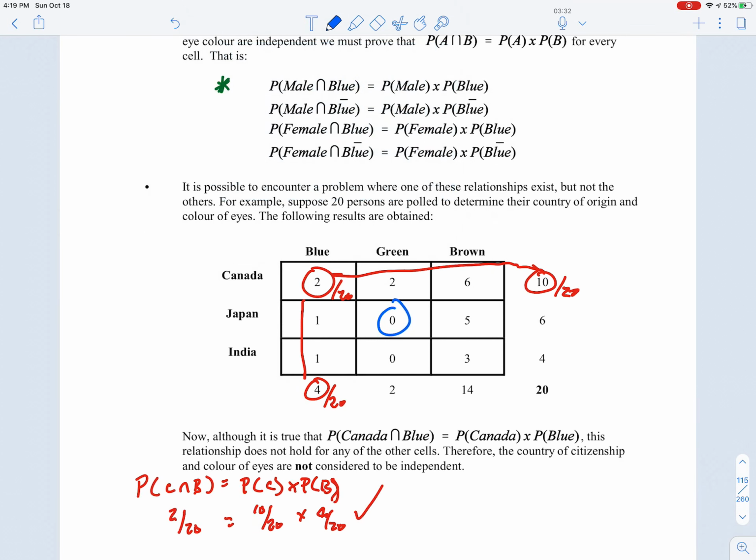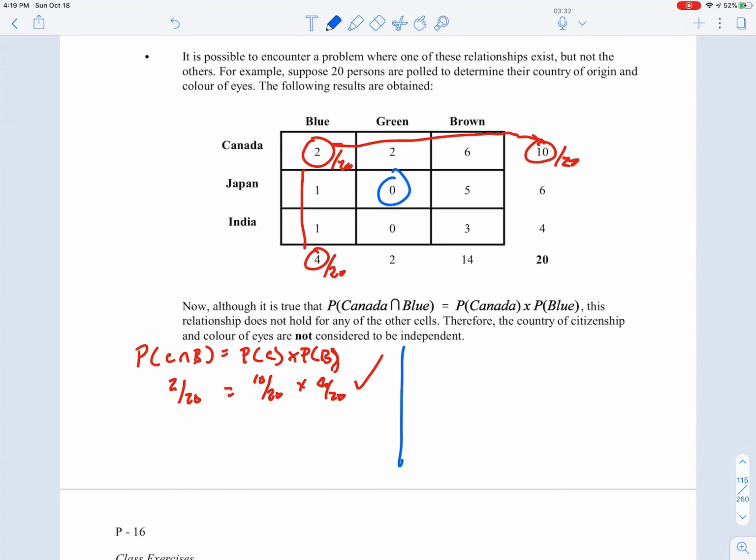Well, this one here, or the one below it. The probability then of being Japanese and having green eyes, if they're independent, should be equal to the probability of being Japanese times the probability of green eyes. Here we've got 0 is not equal to 6 out of 20 times 2 out of 20.